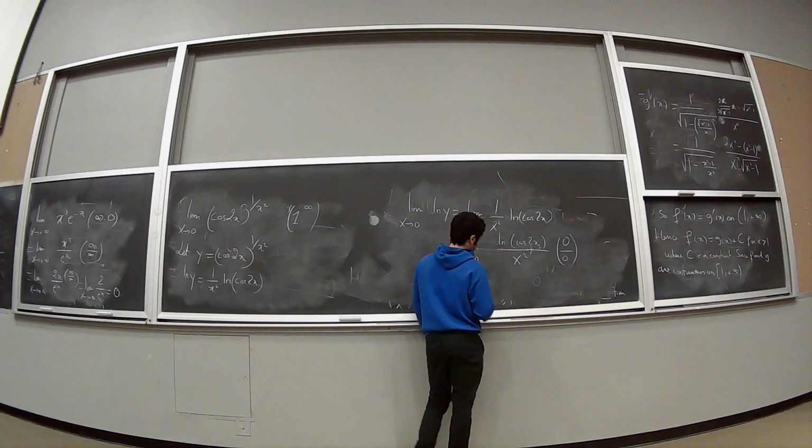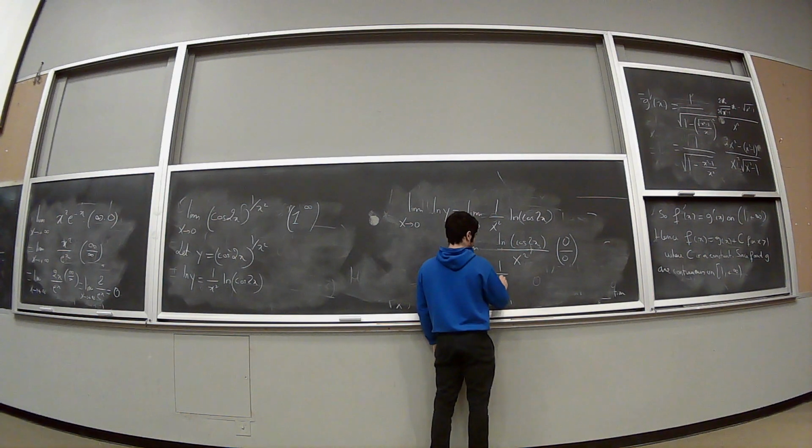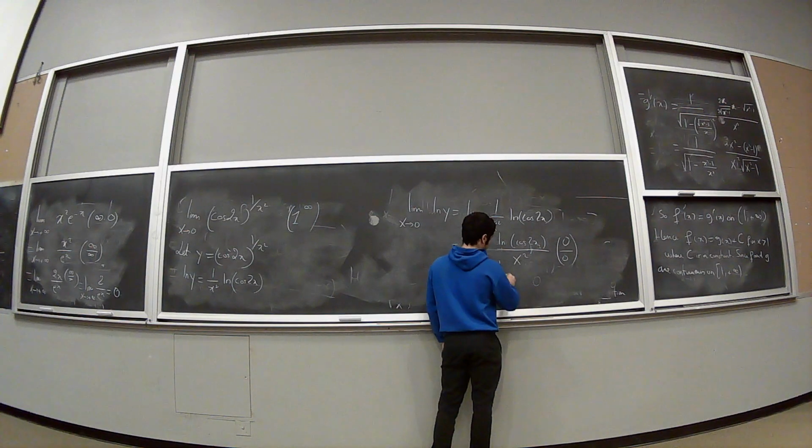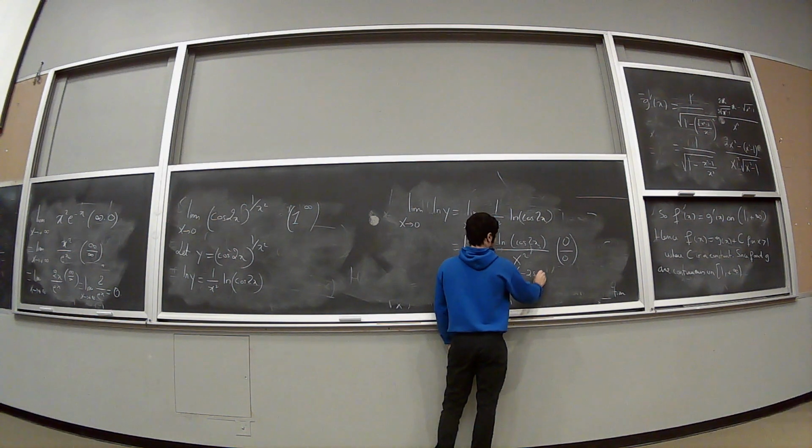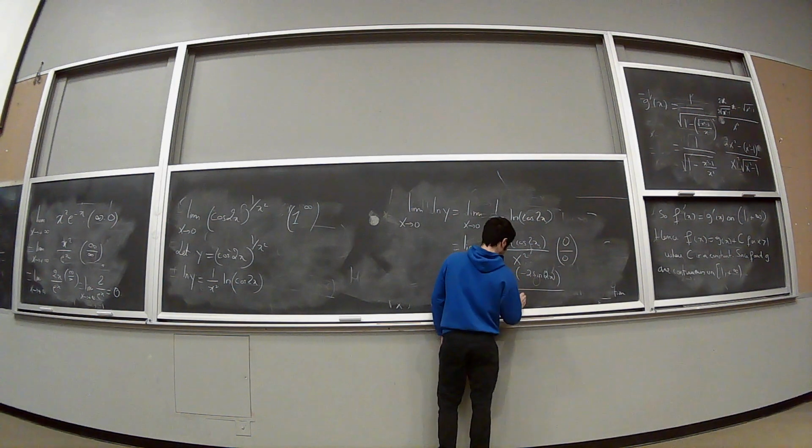Differentiate ln of cosine 2x, so it's 1 over cosine 2x times minus 2 sine 2x over 2x.